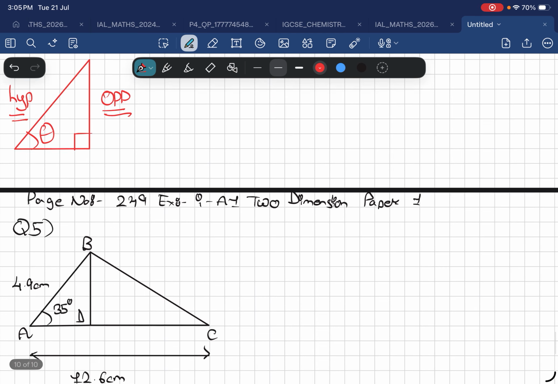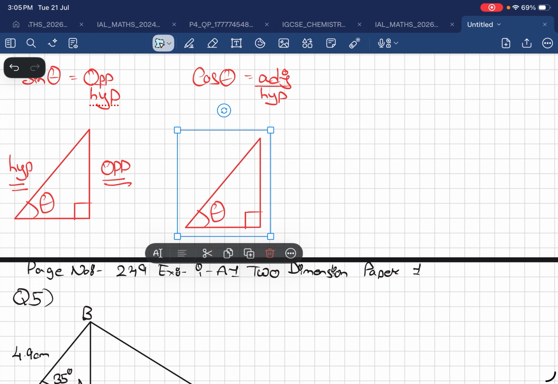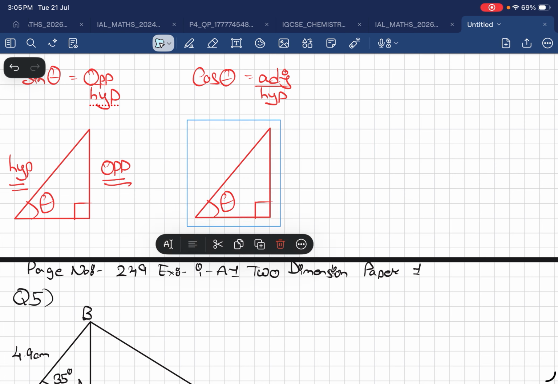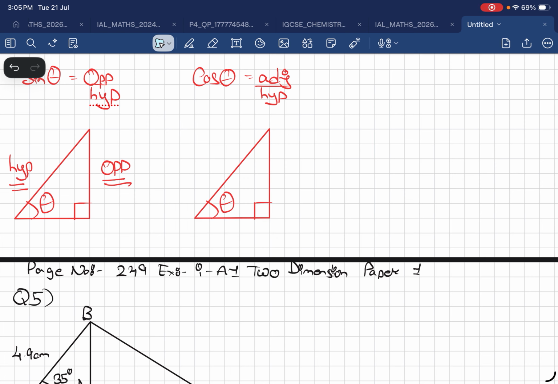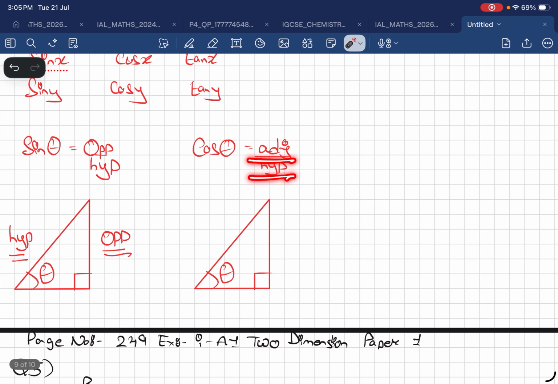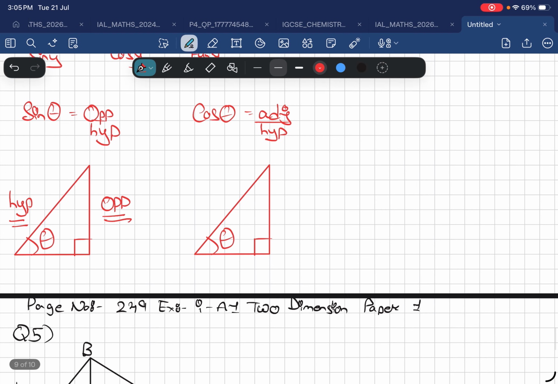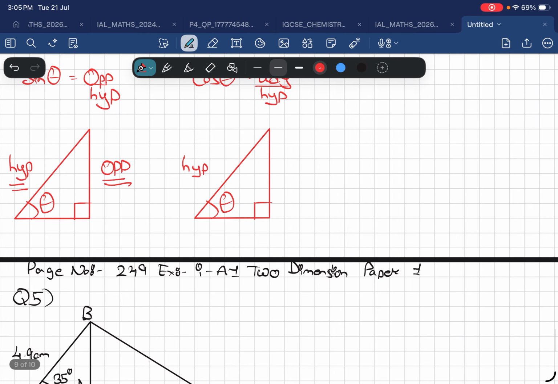So do you remember which side is the adjacent? If you see the equation, it is adjacent by hypotenuse, so we know that the side opposite the right angle is the hypotenuse. This is basic easy stuff.